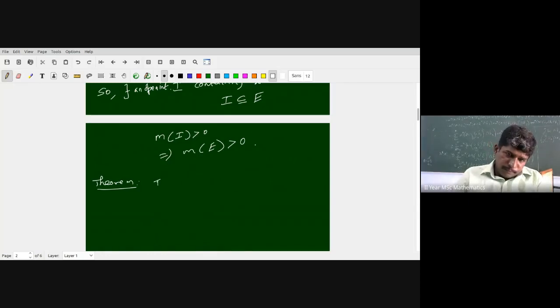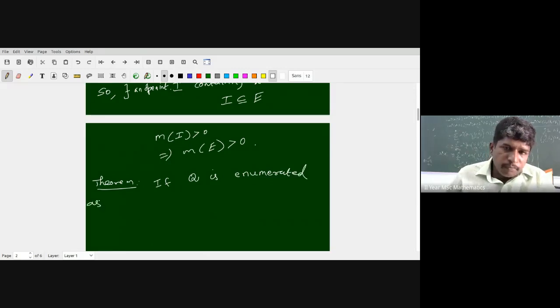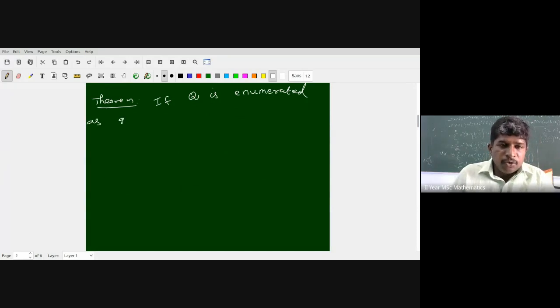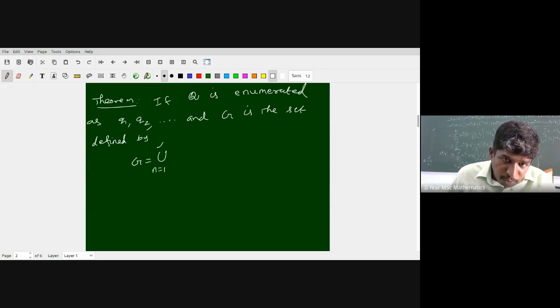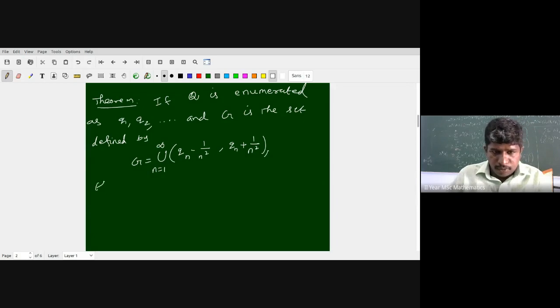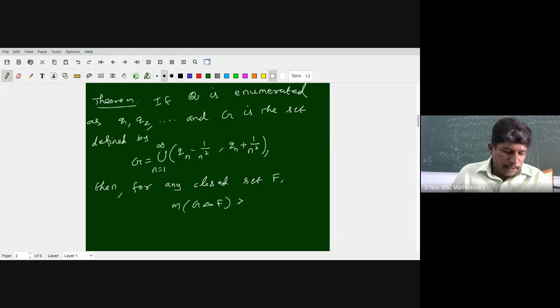If Q is enumerated as Q1, Q2, etc., Q is the set of all rationals, and G is the set defined by G equal to the union n from 1 to infinity of (Qn minus 1 by n square, Qn plus 1 by n square), then for any closed set F, measure of G delta F is positive.